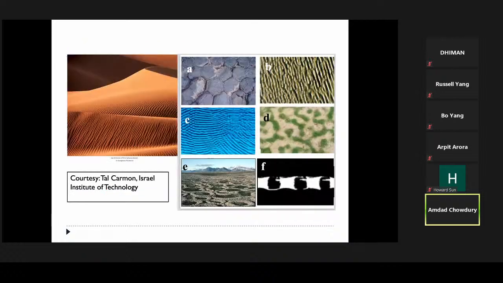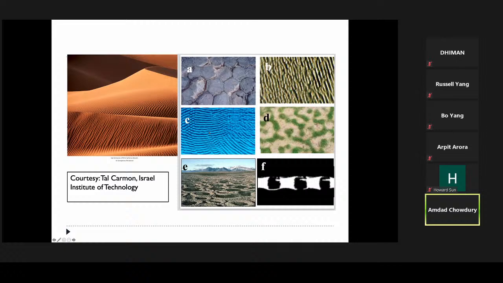This kind of phenomenon in a natural scenario, you can see in a desert, in sand dunes, where you can see this kind of pattern formation. This pattern formation is actually a manifestation of modulation instability. A is the soil formation in cooled-down lava, which produces some kind of pattern, B is an incoherent light, and C is a coherent light.